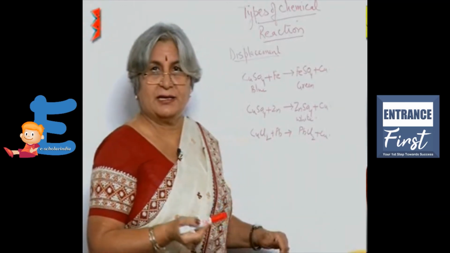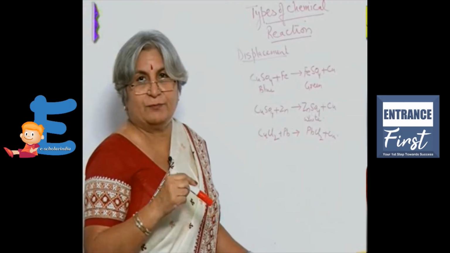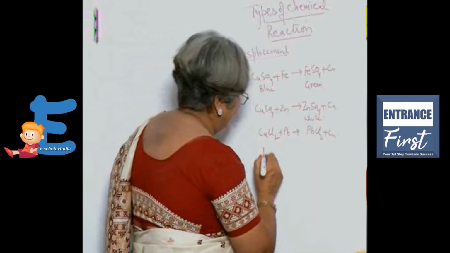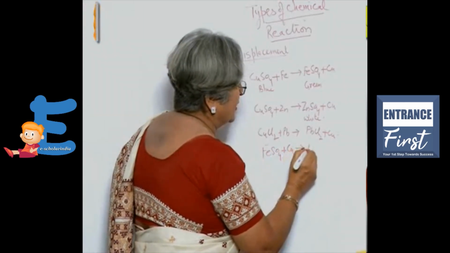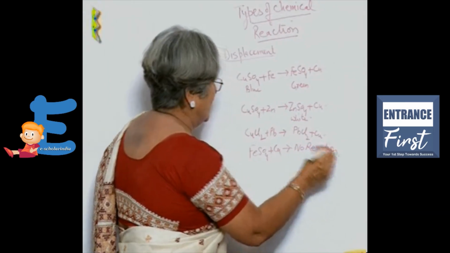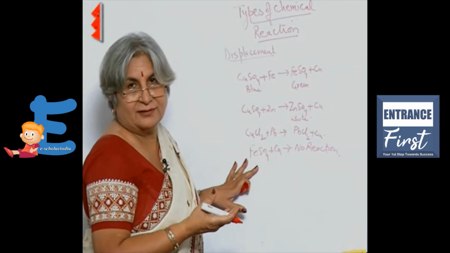But if we change the method, and if we take ferrous sulfate and put copper in it, there will be no reaction. FeSO4 plus copper, no reaction. Why? Because copper cannot displace iron, as it is less reactive.